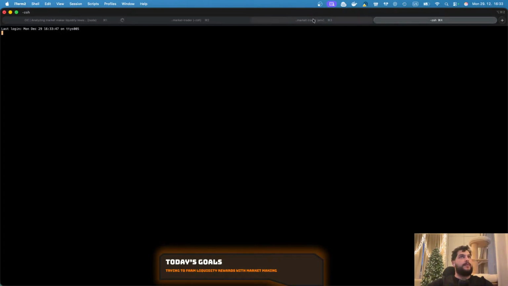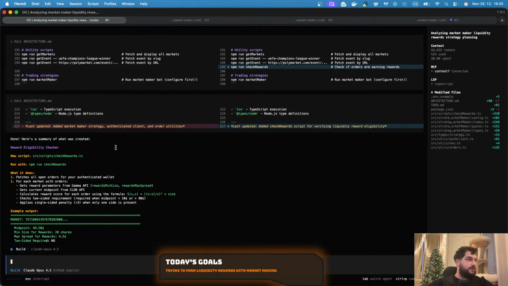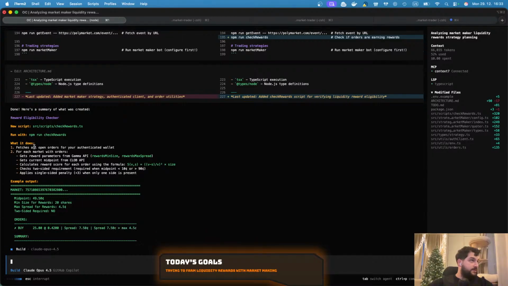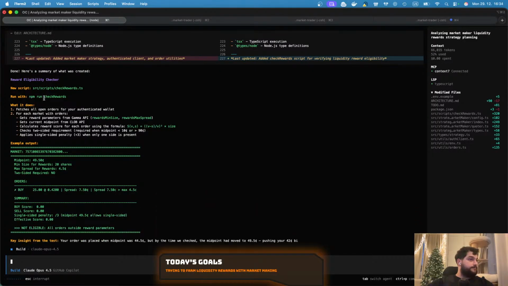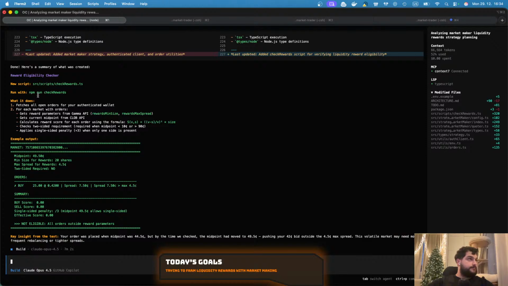Roll that again. Run the market maker, and then run the checker that was just implemented. So what this checker does: it fetches all open orders for your authenticated wallet.